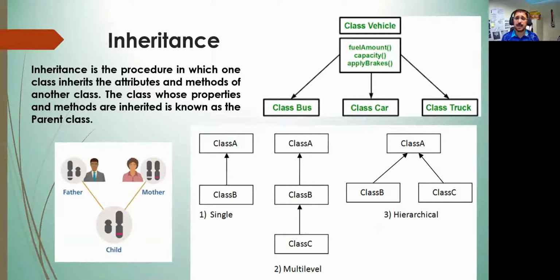The next pillar is inheritance. Inheritance is the procedure in which one class inherits the attributes and methods from another class. It is exactly like a biological process where kids get properties from parents.